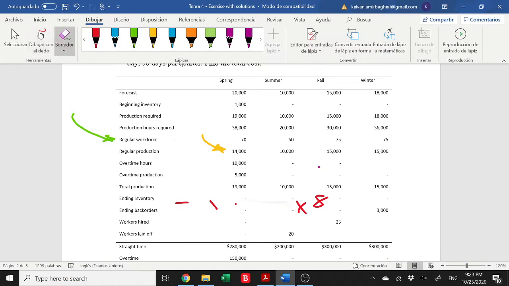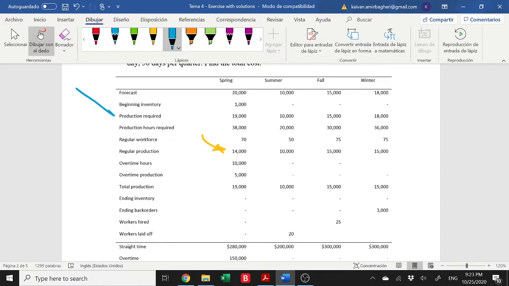It means that with the regular number of workers that we have, equal to 70, the production that we have is 14,000 units. But you see, guys, here the production required is 19,000. What should we do?